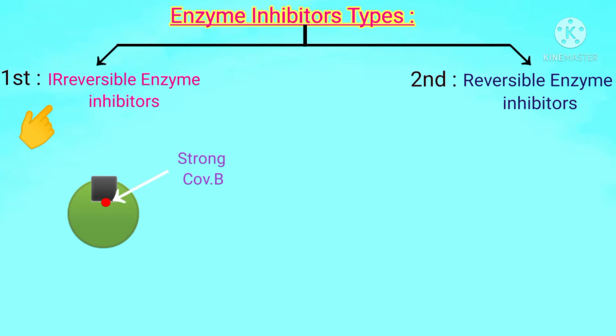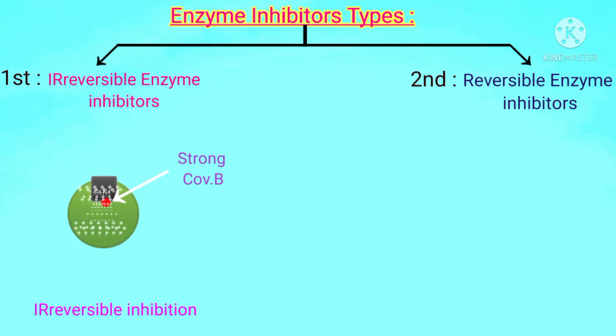This type is irreversible inhibition, during which an irreversible inhibitor attaches with the enzyme with the help of a covalent bond, and that inhibitor is known as an irreversible inhibitor, because neither does the covalent bond break easily nor will the enzyme be able to catalyze.